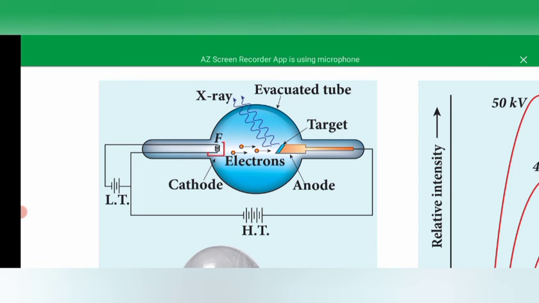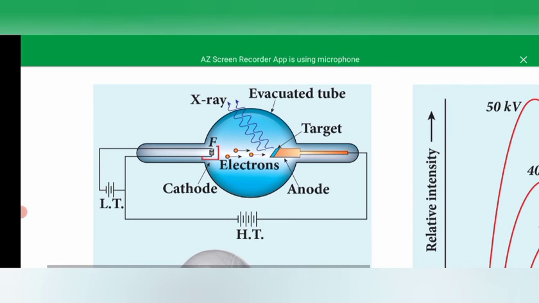These electrons are accelerated to high speeds by the voltage applied between the filament and the anode. The target material, like tungsten or molybdenum, is embedded in the face of a solid copper anode. The target is inclined at an angle of 45 degrees with respect to the electron beam. X-rays can leave the tube through this side.